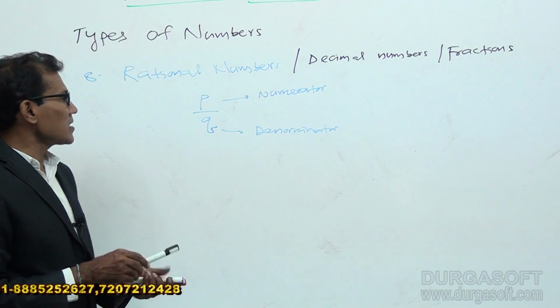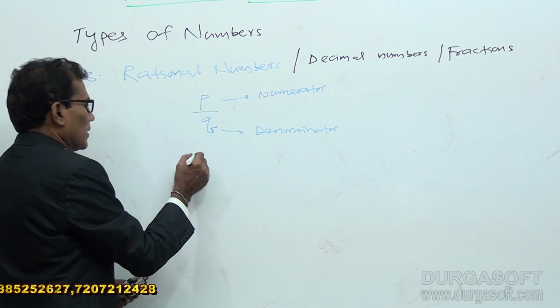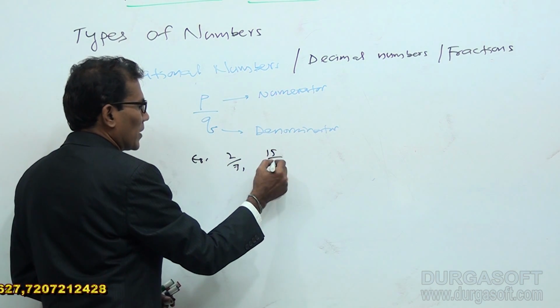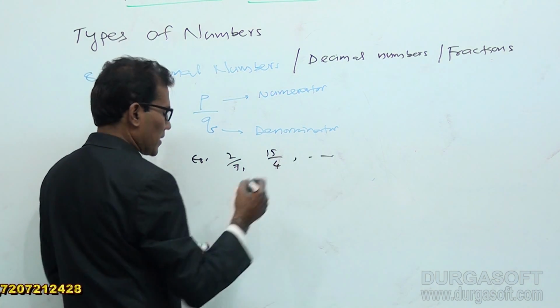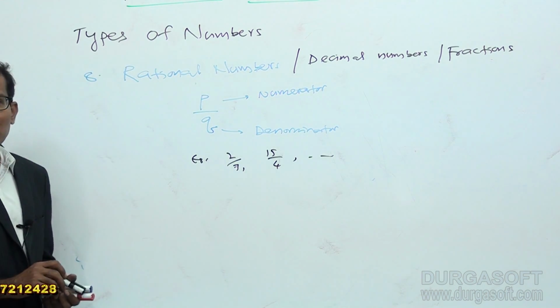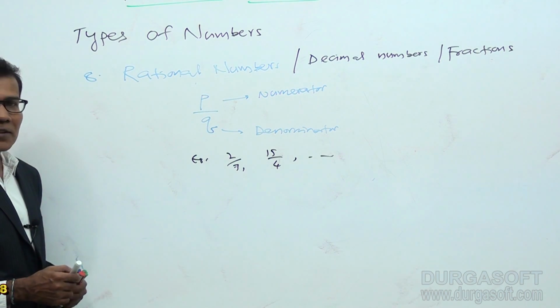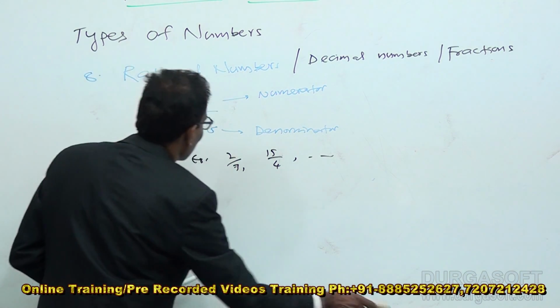So P by Q is a rational number. As we have seen, examples 2 by 7, 15 by 4, and etc. Now there are different type of rational numbers. We can call these fractions also. These fractions are different types. We will see what are the different type of fractions.